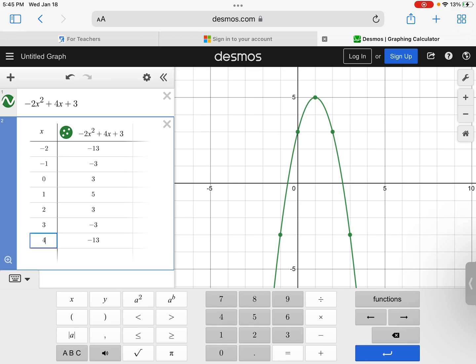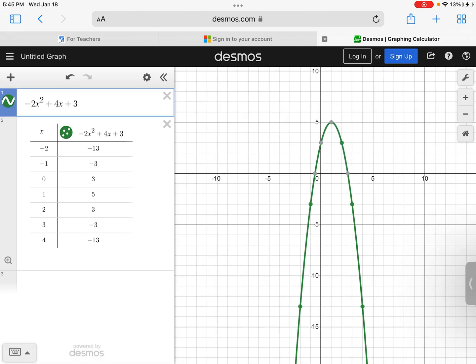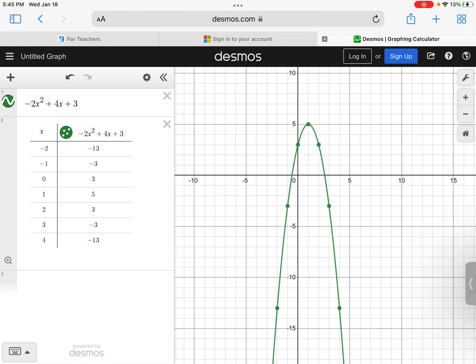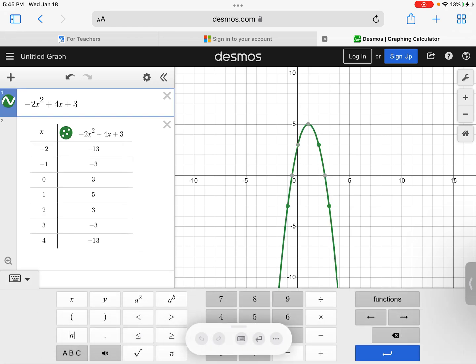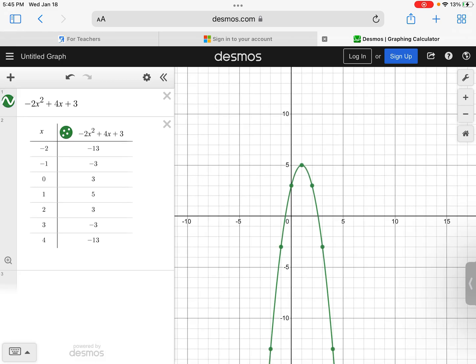Okay, I'm already seeing it. Seeing a rainbow. So this is what the graph should look like if you're looking at the picture. I could zoom out a little so you guys can see. Our vertex is right in the middle. I'm wondering if this will let me write on here. No, it will not. Okay.